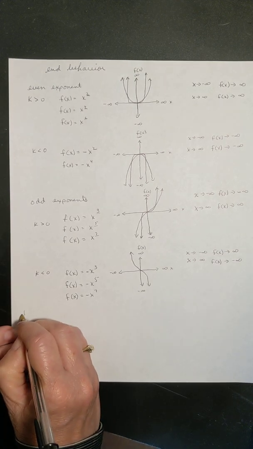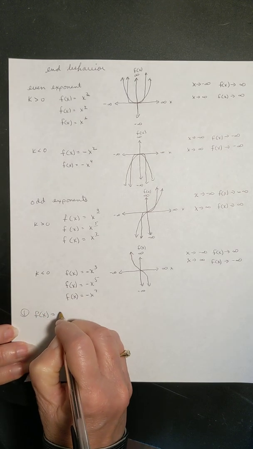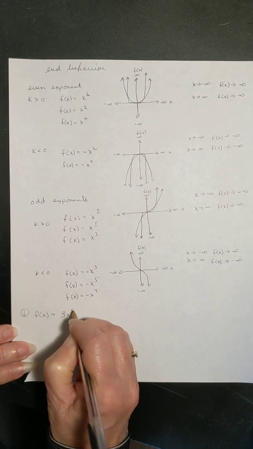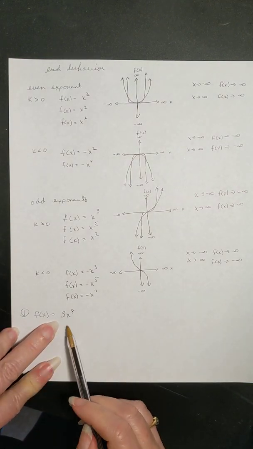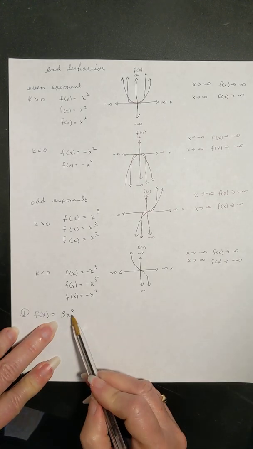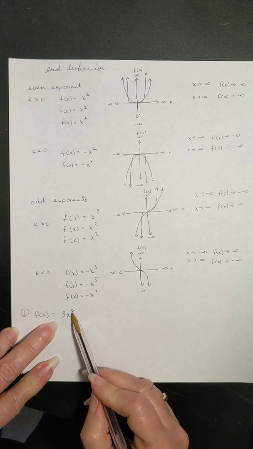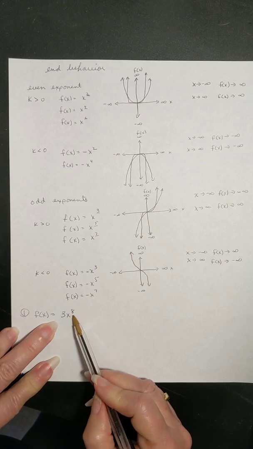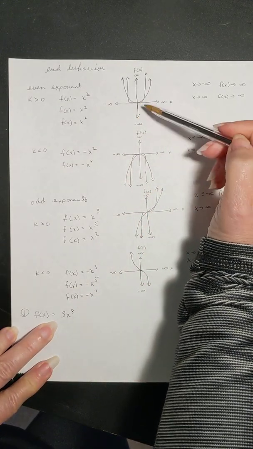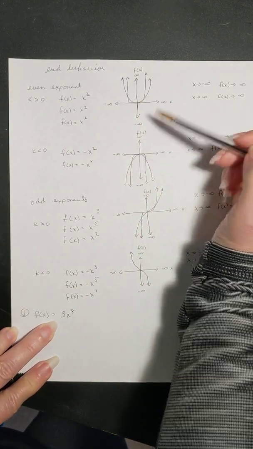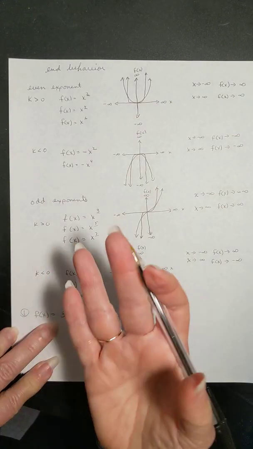So problem number 1 says f of x is equal to 3x to the 8th. All right, so let's just see, what is this one going to be? Well, first you look and you say, is this going to be a parabola or a snake? So this one would be a parabola because it's an even exponent. So exponent is even, and so I'm looking either at this one or this one. And then I say, okay, is it turned over? Does it open downward or does it open upward?